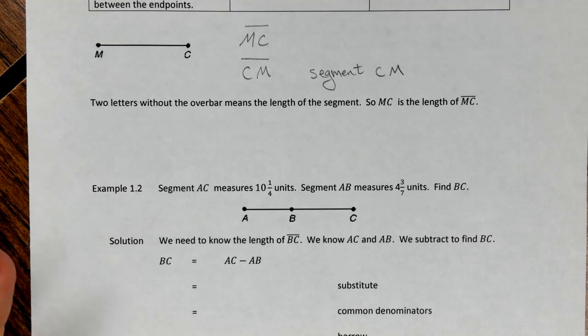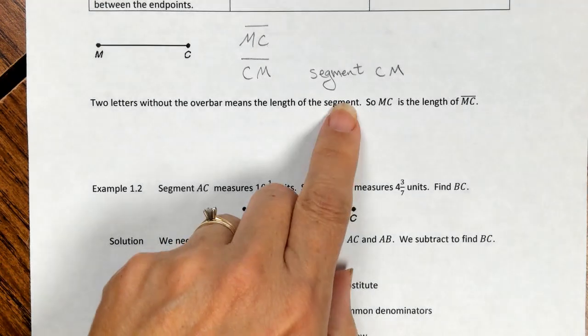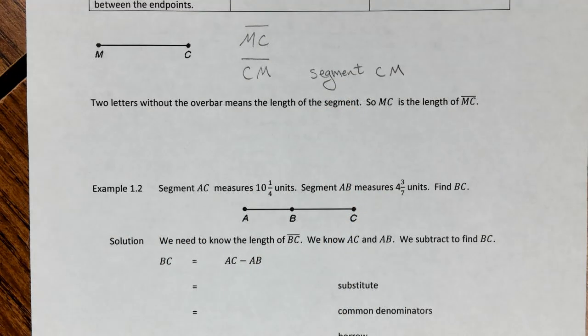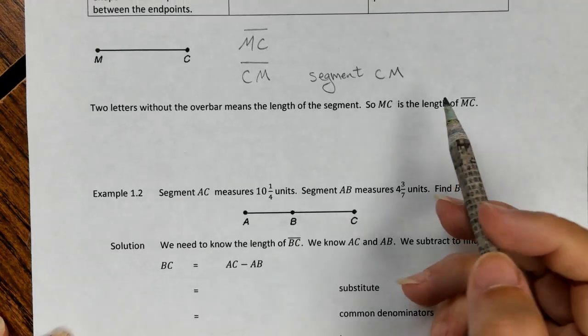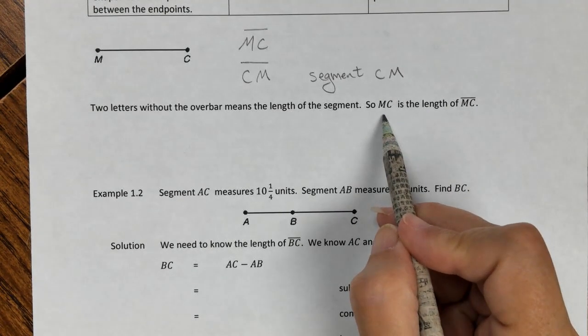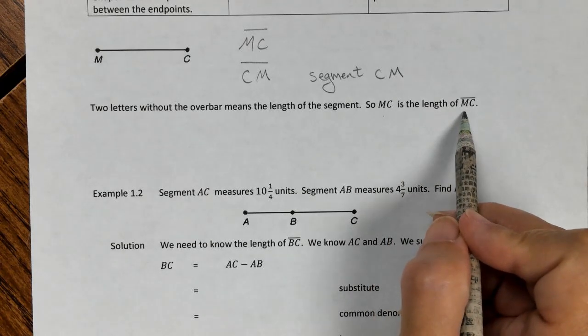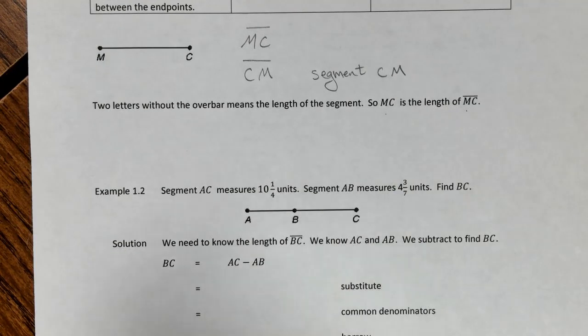And actually, sometimes when a segment like that begins the sentence, they'll write it like this. You may see that sometimes. So 2 letters without the overbar is talking about the length of the segment. So when you see MC without the overbar, that's talking about the length. This is talking about the actual segment.